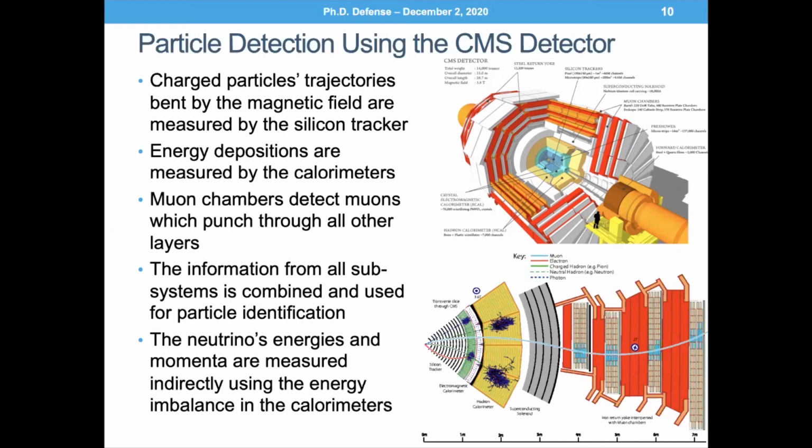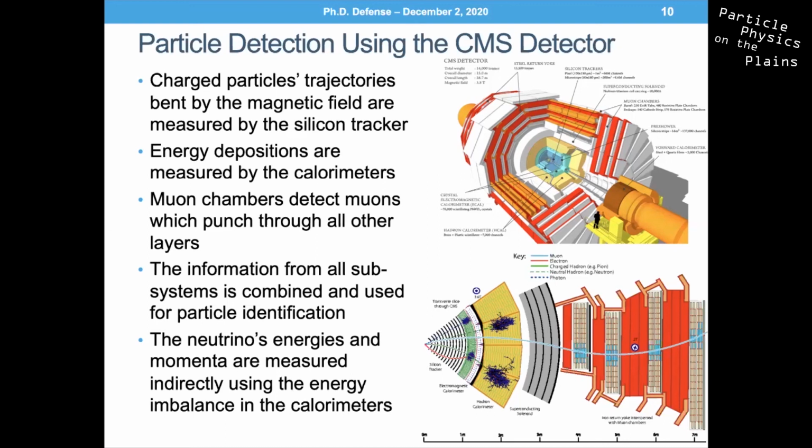If a particle makes it through the hadron calorimeter, these are usually muons. They'll pass through the solenoid and into the muon chambers. That's what this light blue line on the bottom right is. You see a muon passing through and going into the muon chambers. Those report back, and we can match those to a track in the tracker.